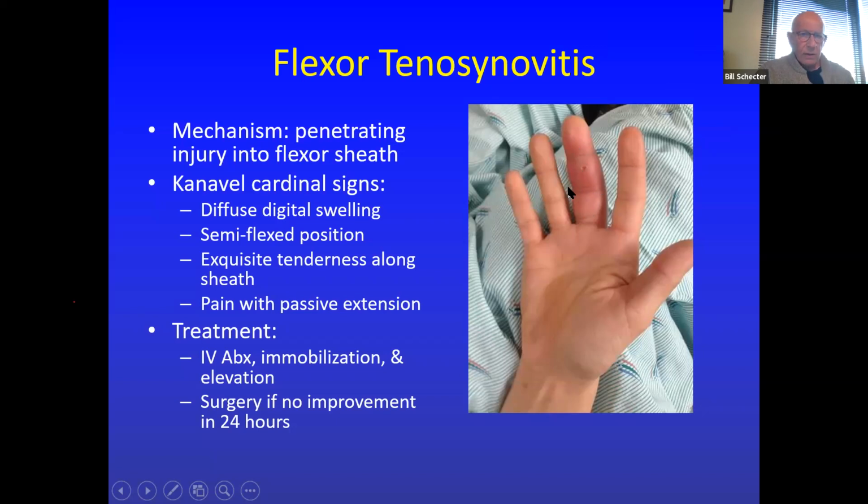Well, if you get a penetrating injury that enters this fibro-osseous tunnel and introduces bacteria, you can get an abscess within this tight, confined space.